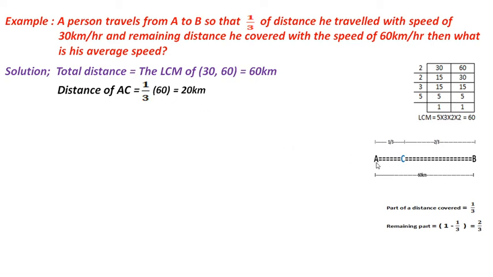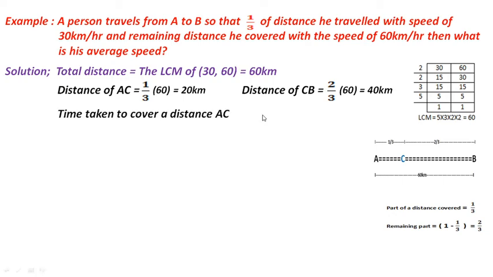Hence the distance of AC is 20 km. Similarly, the distance of CB is 2/3 of 60, so it is 40 km. So the total distance is 20 plus 40, which gives 60.